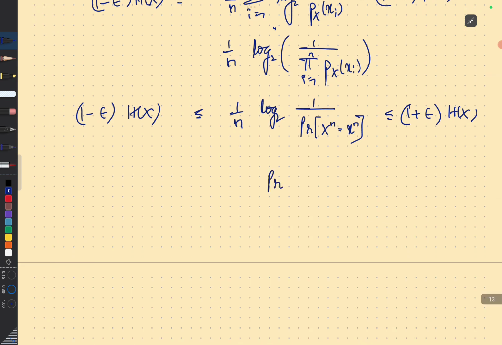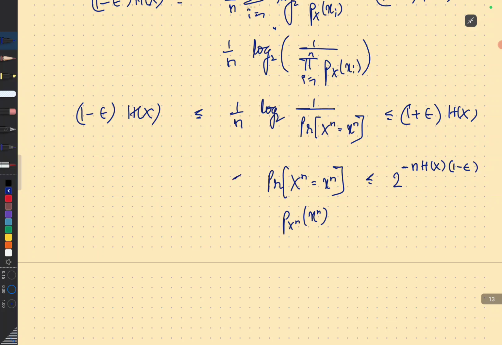So if I look at the probability that Xn is equal to xn, which is P_Xn of xn, this is less than or equal to 2 to the negative, again just by taking n to both sides, taking the exponent and inverting, this is less than or equal to 2 to the minus n times the entropy times 1 minus epsilon.